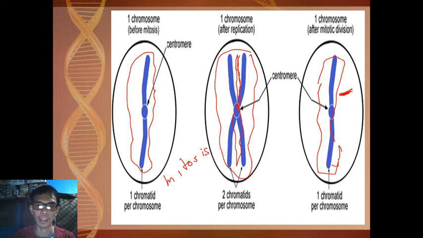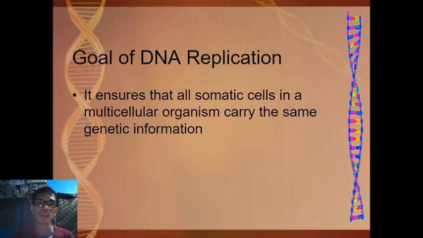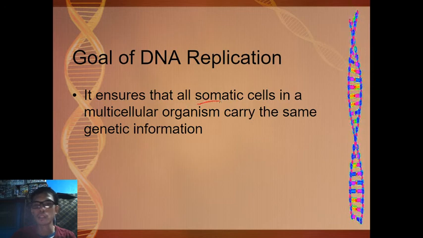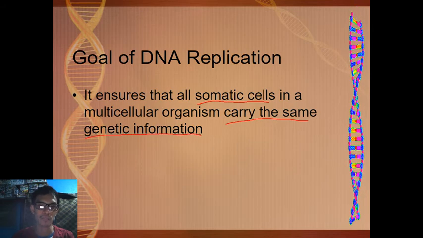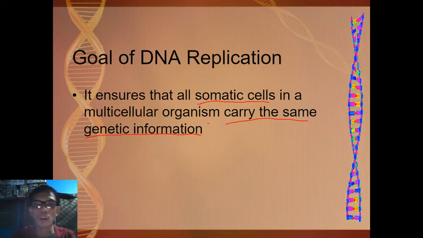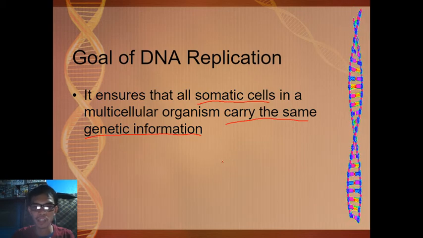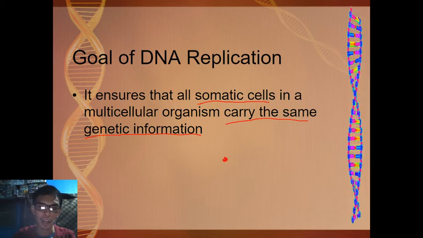And as I said earlier, during mitosis as well, replication of DNA happens. So what's the goal of DNA replication? One thing is to ensure that the somatic cells in a multicellular organism carry the same genetic information. That's very important. You would look awkward if your skin had a different color every time it divides.